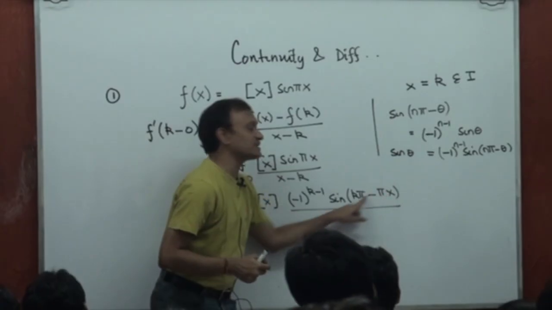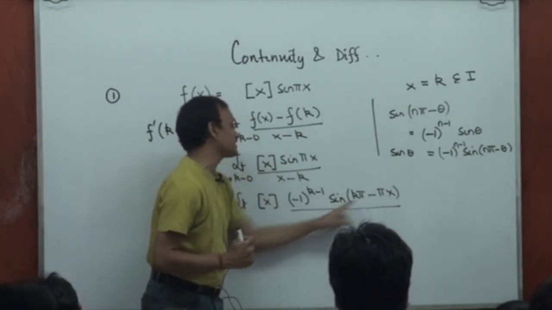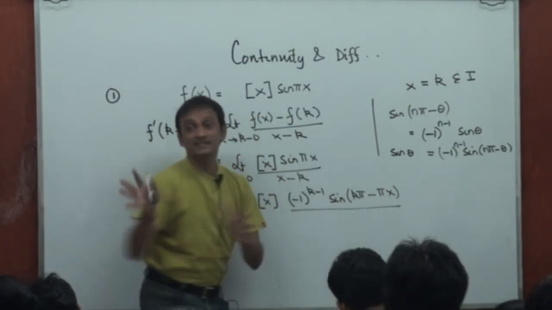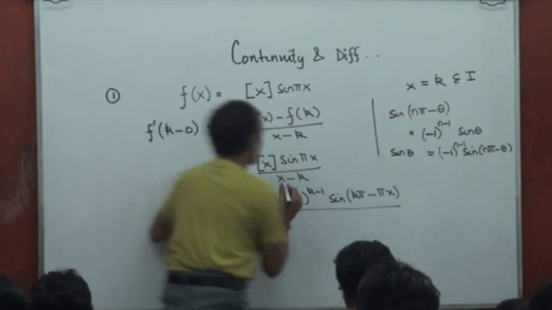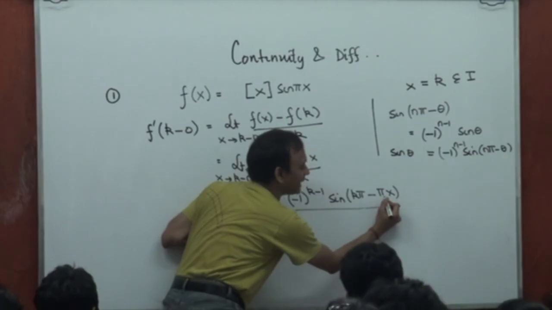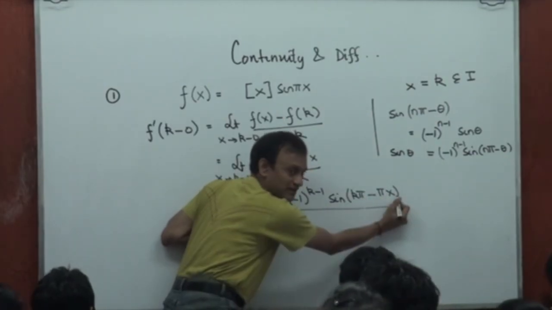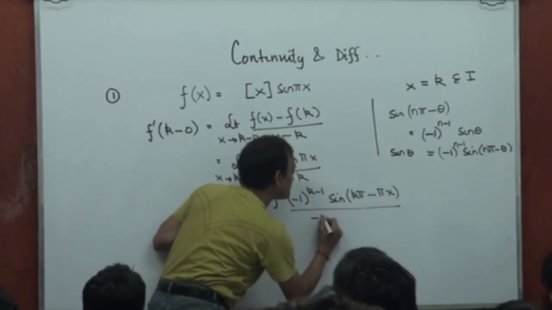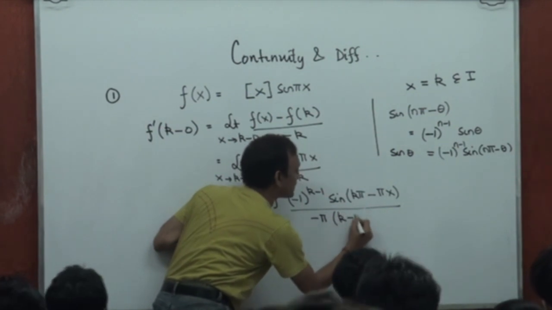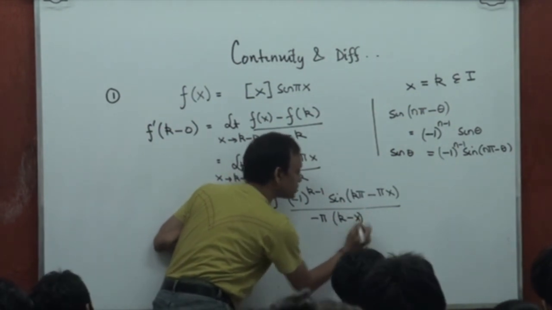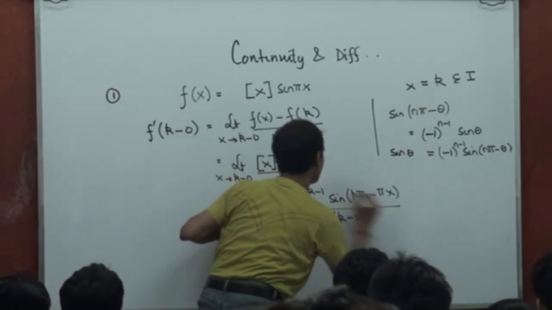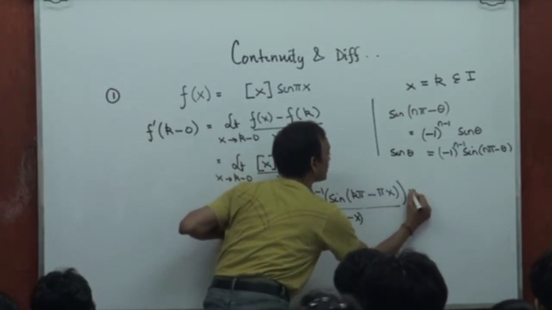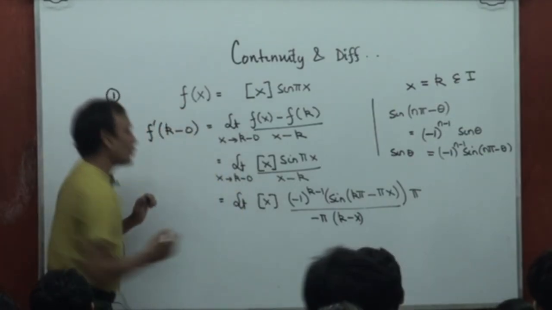Now sine x minus k by x minus k, where x tends to k, will be of the form sine something by something as something tends to 0. And since I have a pi into k minus x here, I plunge a minus to adjust this, and I multiply with a pi throughout to balance this. I hope you realize why we did this.